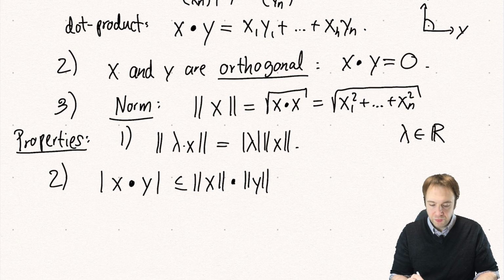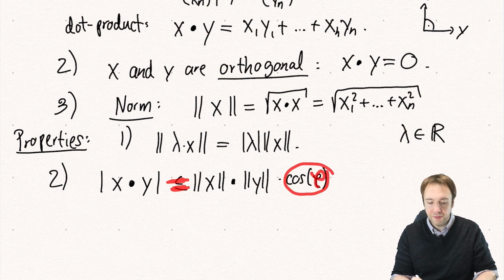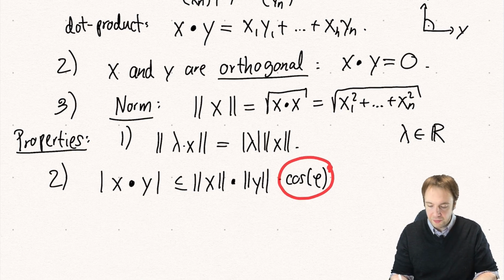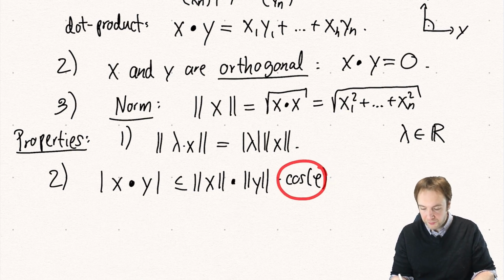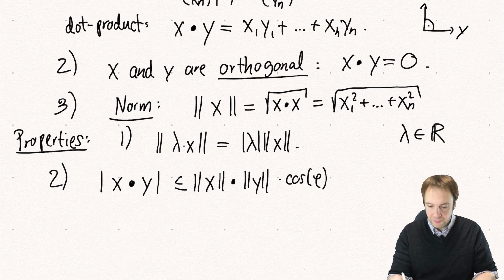So when we introduced norms, I also made a comment that if we are in the case when n is 2 or n is 3, then I have an equality here, where I have the cosine of phi, where phi is the angle between these two vectors, and therefore the cosine of a number is between -1 and 1.